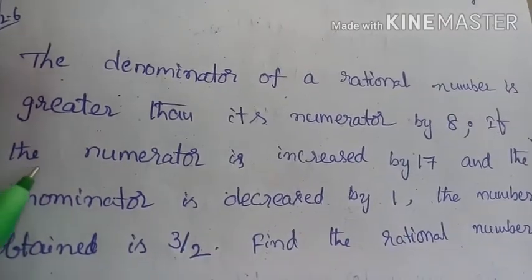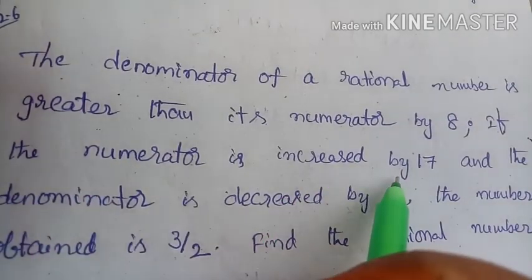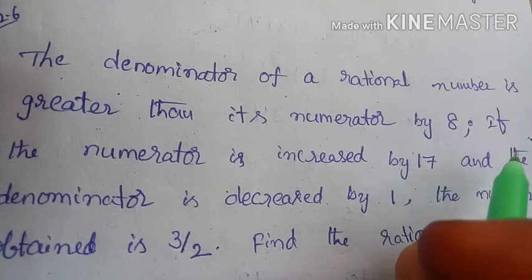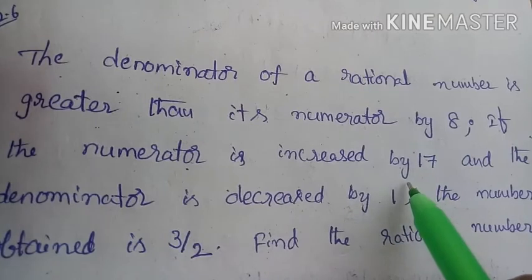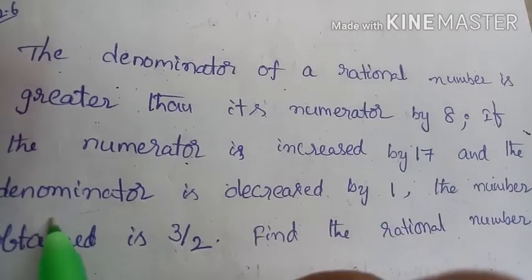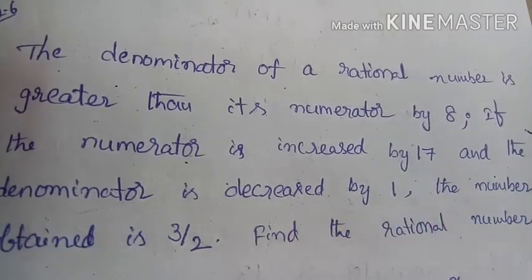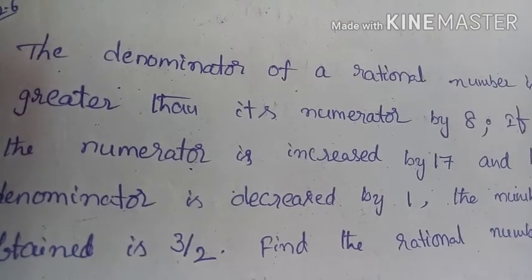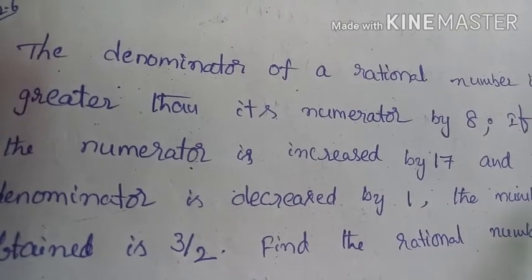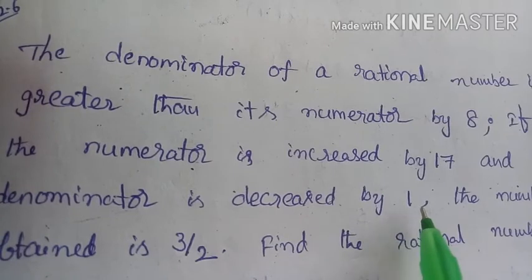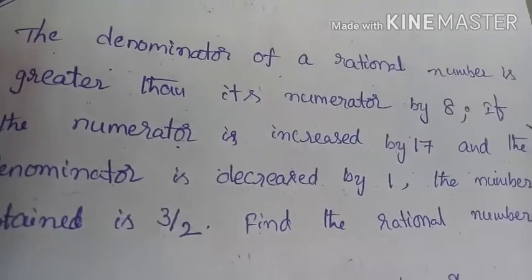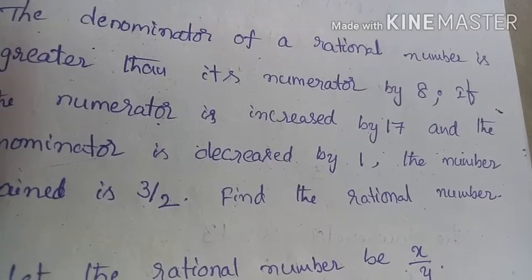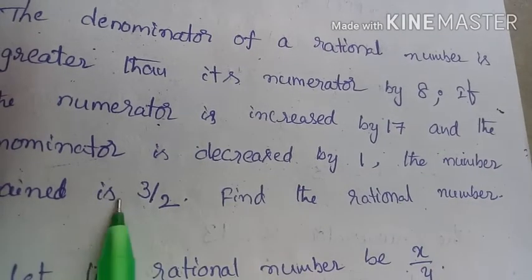If the numerator is increased by 17 and the denominator is decreased by 1, the number obtained is 3 by 2.